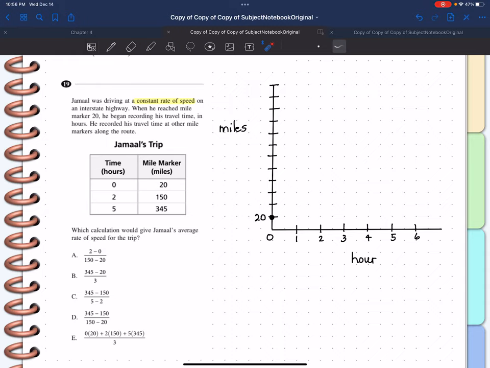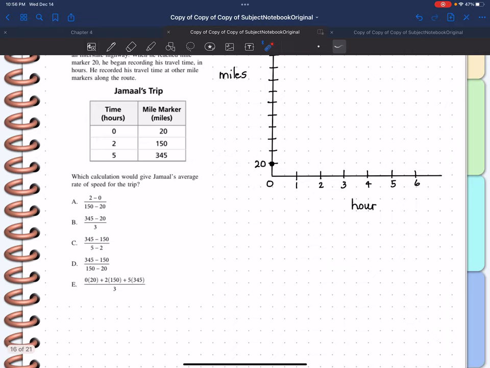What I do not know is the slope. I don't know the rise over run to know how to graph this particular story. But I do know 2 points, right? I know this one and I know this one. So I can use those 2 points.